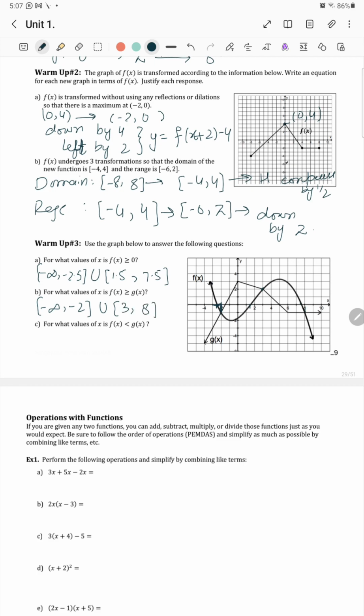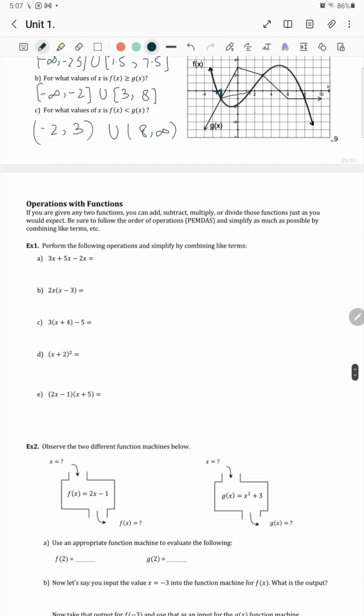For what values of x is f of x less than g of x? The y values on f of x are lower than the y values on g of x. From minus 2 to 3, and 8 to infinity.